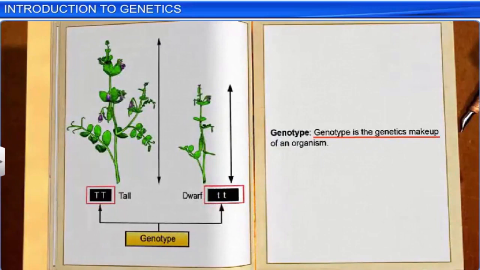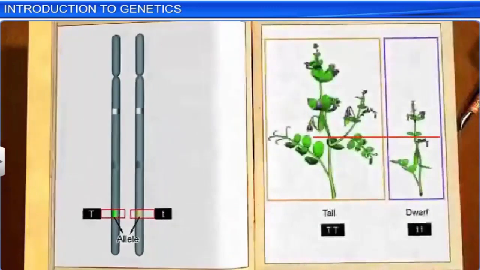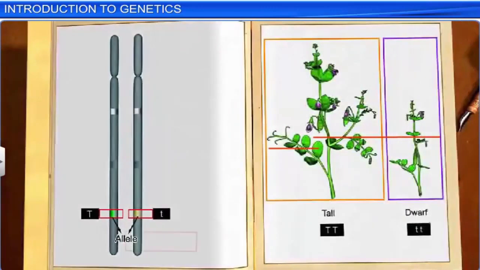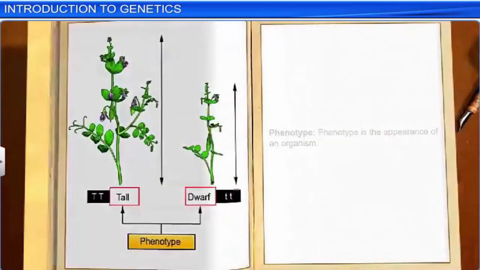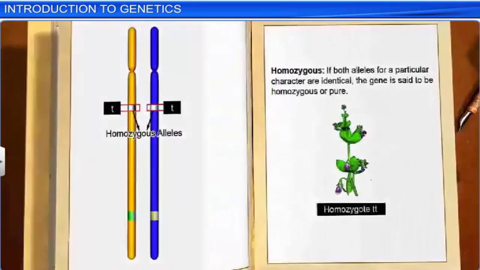The genetic makeup of an organism is designated by the term genotype, while the appearance of the organism is designated by the term phenotype. Also, every organism possesses 2 alleles for each character.